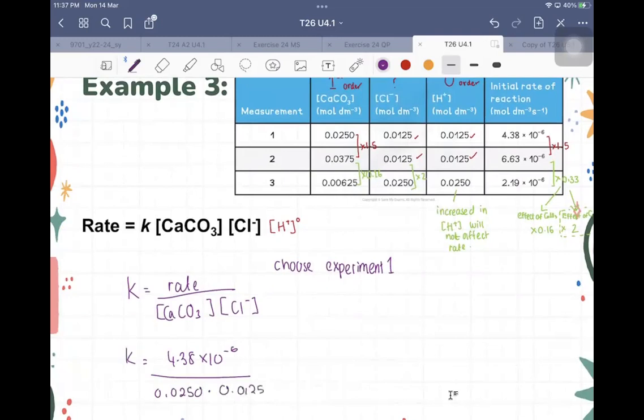0.0125. And to work out the units: mole per dm cube per second over mole per dm cube times mole per dm cube. The mole per dm cube cancels out nicely. So you should get your unit as mole minus 1 dm cube per second minus 1.